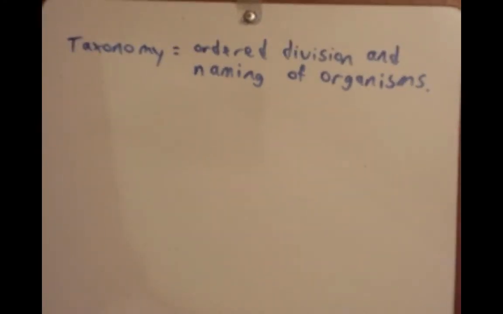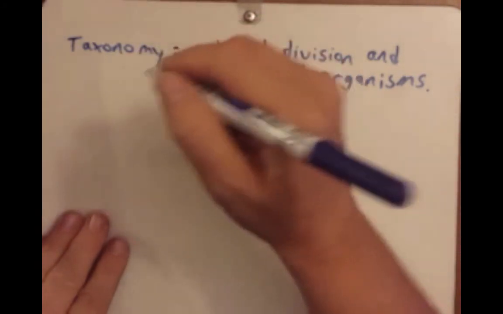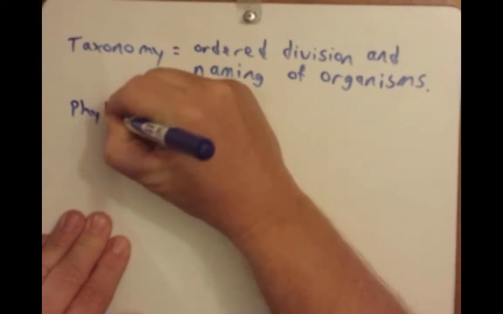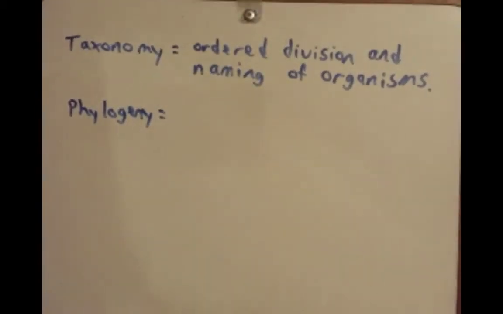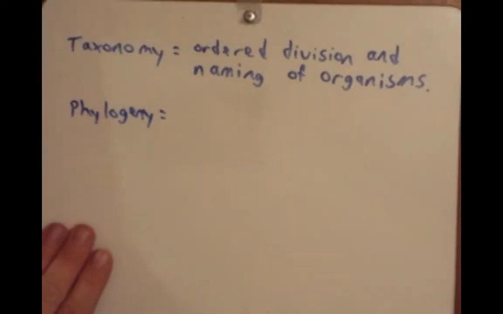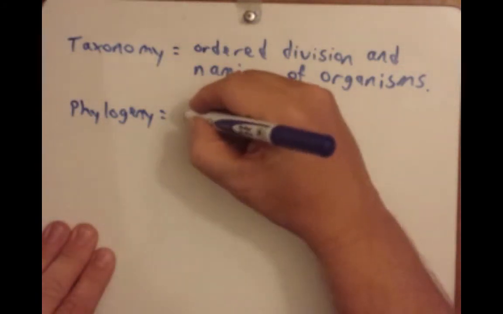So simply put, this is the way scientists name organisms and how we divide them up into groups. Phylogeny is the evolutionary history of a group of related species.